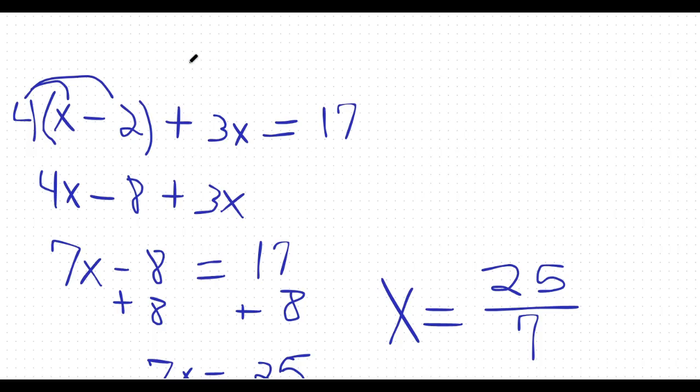Now, don't let that get you confused. It's important to remember the distributive property here. So let's go ahead and do one more example for you guys here. 2 times x plus 3.